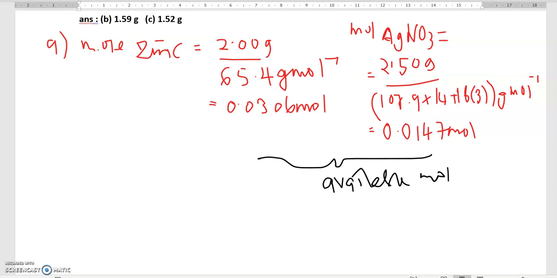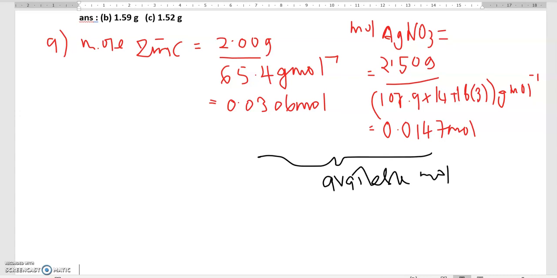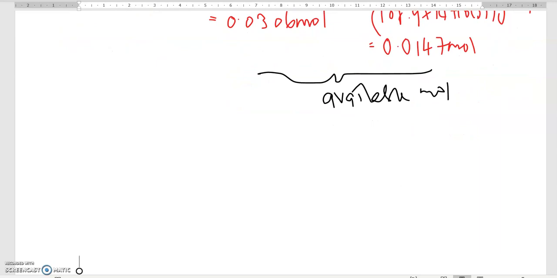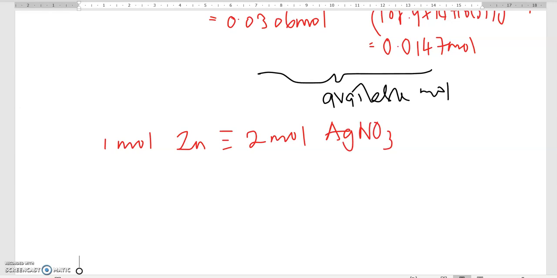So both mole we can label as available mole. So what should you do? You must find out the needed mole. So from the equation we have 1 mole zinc reacted with 2 mole silver nitrate. So the mole of zinc available is 0.0306 mole of zinc.